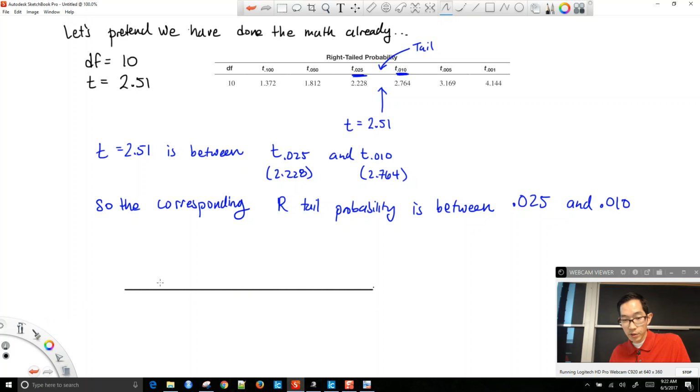We can illustrate this. The t distribution looks very much like the normal distribution, except it's a little bit more spread out. Imagine a cutoff right here, where if I shaded everything to the right, this part is equal to 1%, 0.01, and everything to the right of this other number is equal to 0.025.